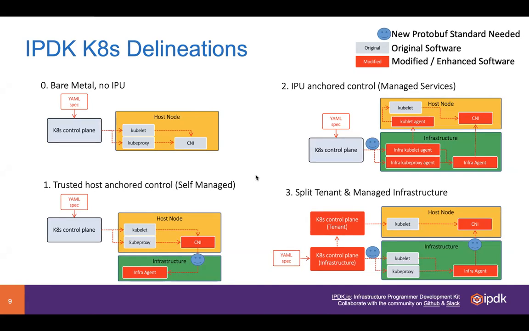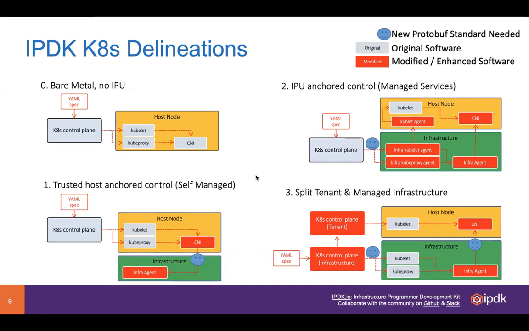The infra agent will be reflecting stuff on the DPU, but it'll all be done through CRDs, rather than having an explicit blue dot interconnecting the CNI or the infra agent via a gRPC API. And I think that leaves us with a much cleaner way of doing things in the Kubernetes world. Yeah, that would be my feedback.